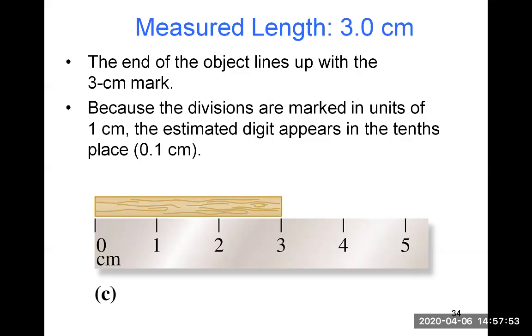But to say that it's 3 centimeters exactly, you have to say 3.0, because this ruler allows you to read to 0.1, right? Because we have a line for 3 and then a line for 4 centimeters. But here, because it falls exactly on the line for 3, you have to estimate one more digit and say it's 0.0, right? It's not 3.1 or 2.9, it's 3.0 because it's exactly on the line.